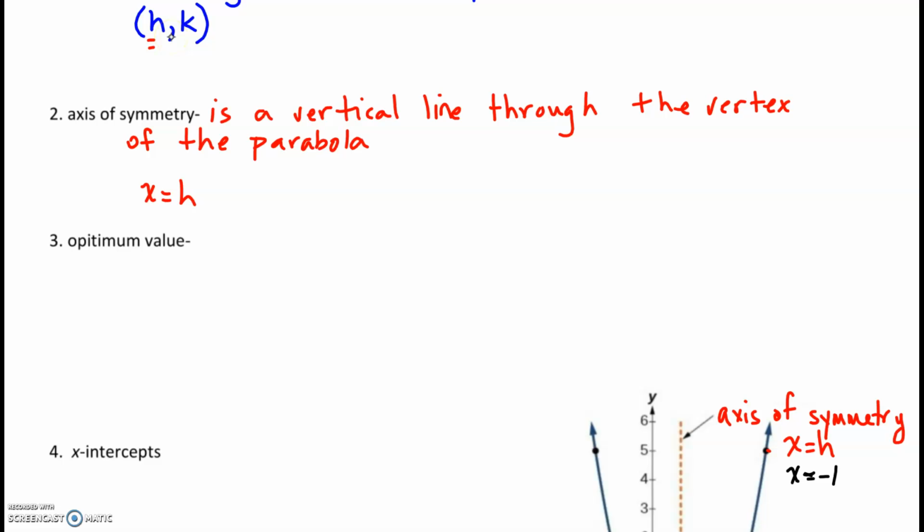All right, optimum value. And I have another spelling error. You can see I obviously didn't spell check. There should be no I there. So optimum value. This is the highest or lowest y value of the parabola.